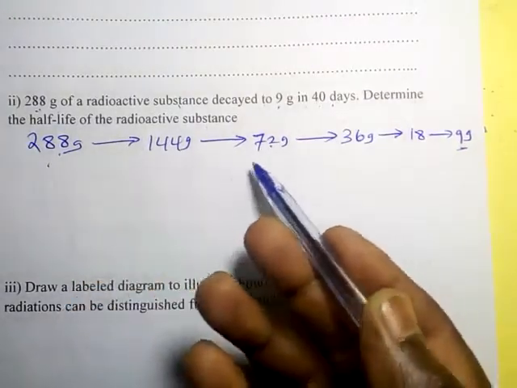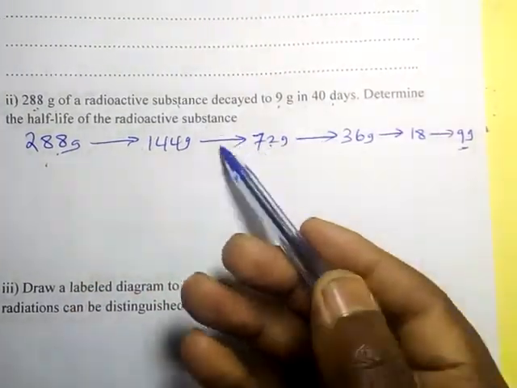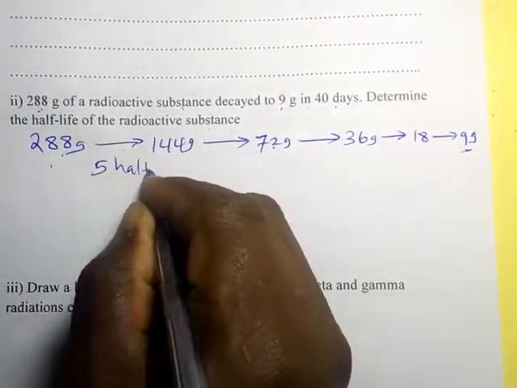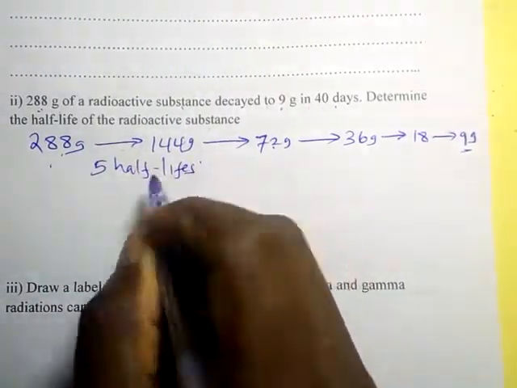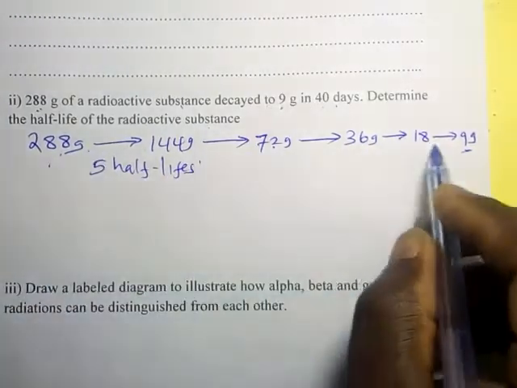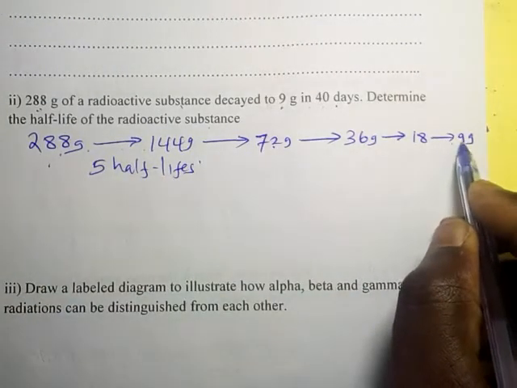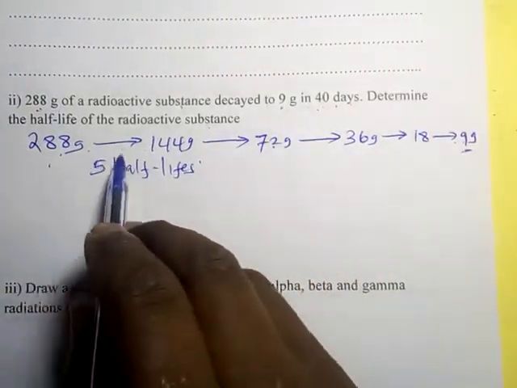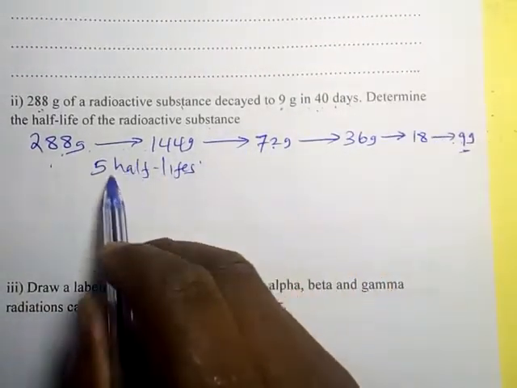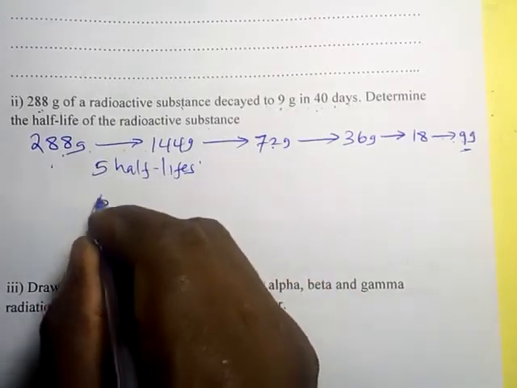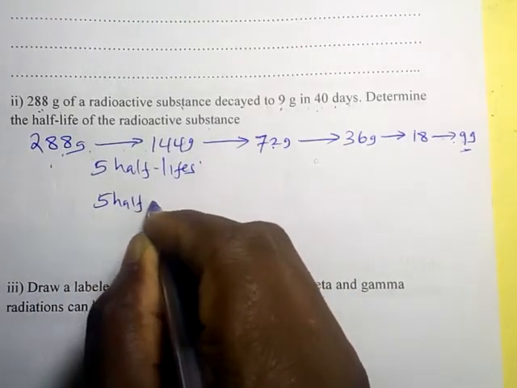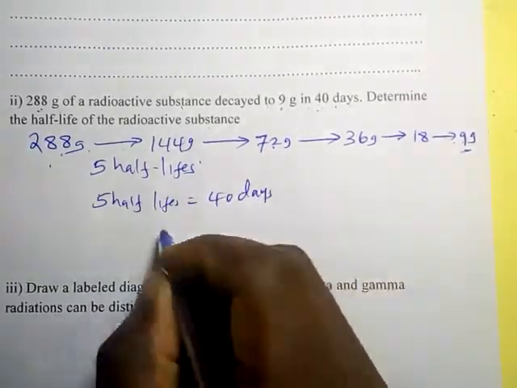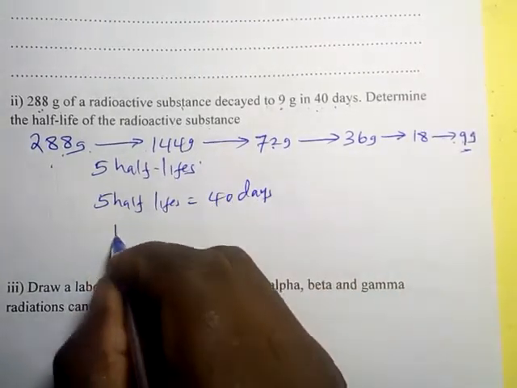So this is the remaining amount and this is the original amount. Now you can see how many half-lives there are: 1, 2, 3, 4, 5. So now we have 5 half-lives, and it takes 40 days to decay to the remaining 9 grams. So 5 half-lives take 40 days. What about 1 half-life?